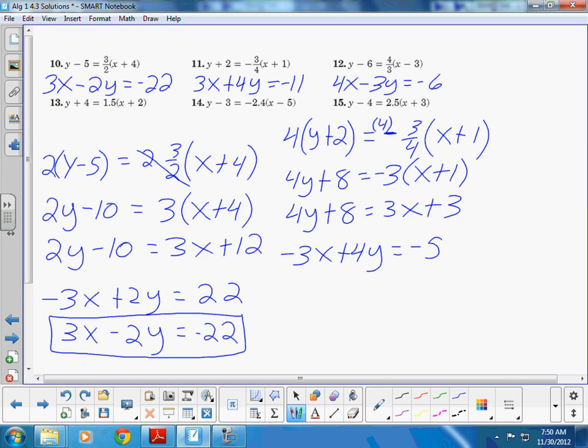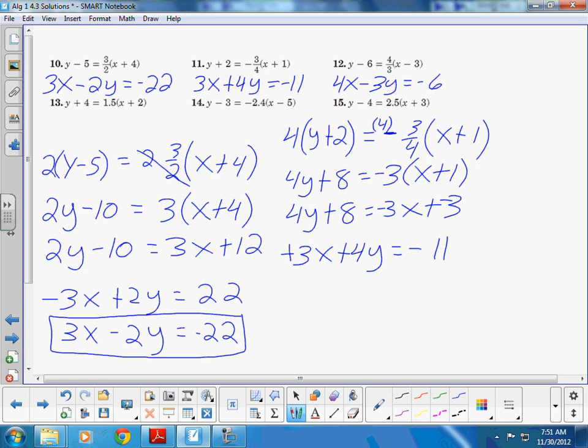Negative 3, negative 3, negative 3. So now when I do this, I have a positive 3x plus 4y equals not a negative 5, but a negative 11. And that is my answer.